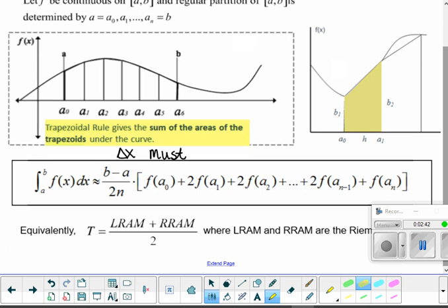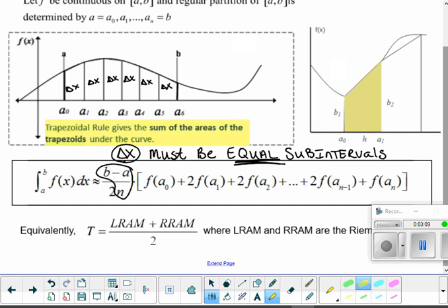So delta x must be equal subintervals. If that's the case, you can use this faster method, as we'll walk through below. The reason is we're going to GCF that delta x from each and every trapezoid that we encounter. We're going to factor that forward.